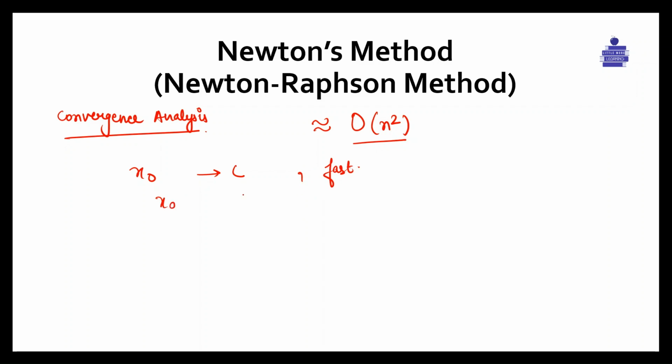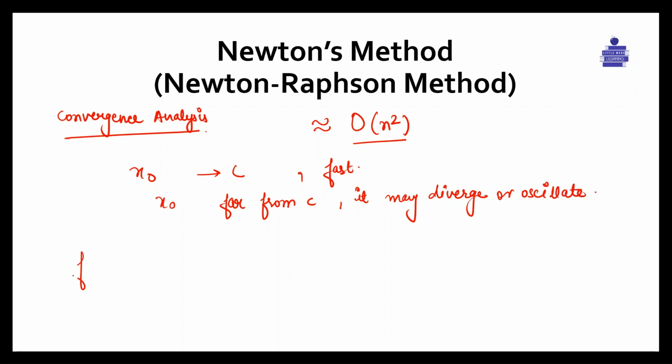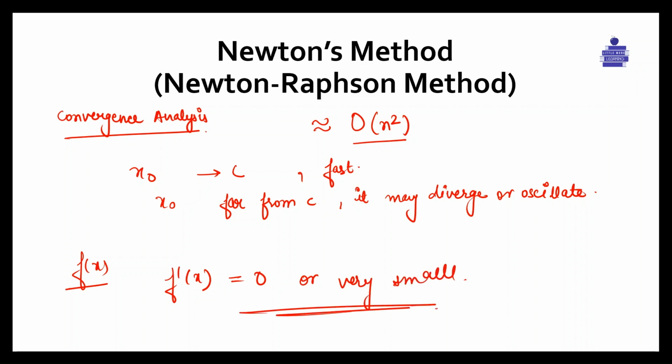If x0 is far from the root, far from c, it may diverge or oscillate. When it comes to implementation considerations, it requires differentiability of f(x), and it can fail if f'(x) is 0 or very small, causing division errors.